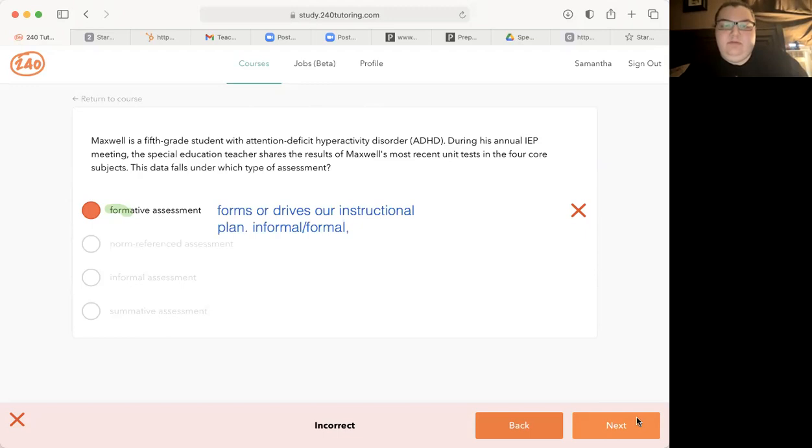Shares the results of most recent unit tests in 4 core subjects. So summative is after learning the process. Less structure, observations.